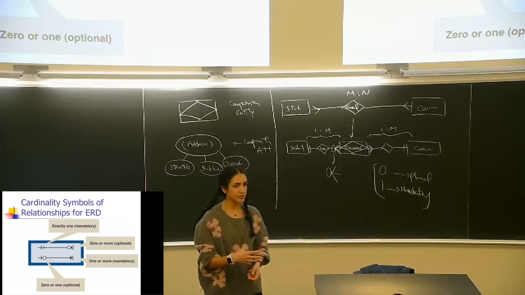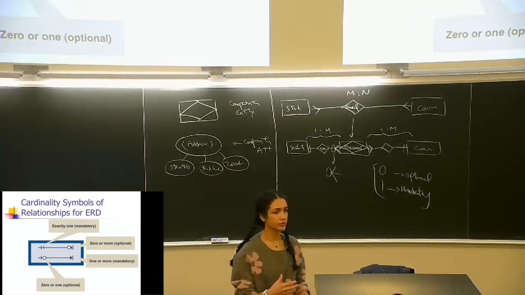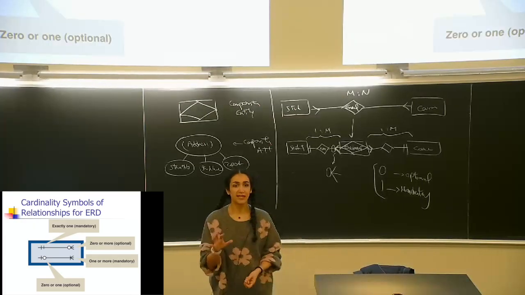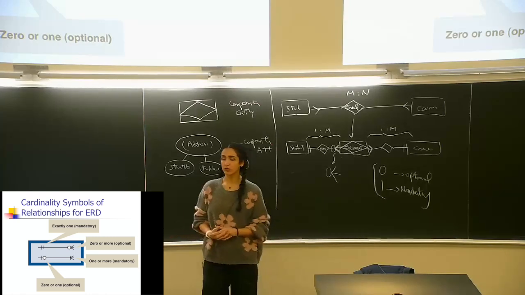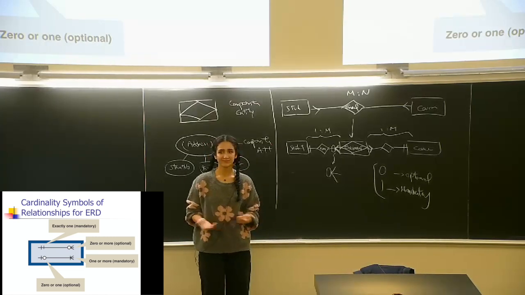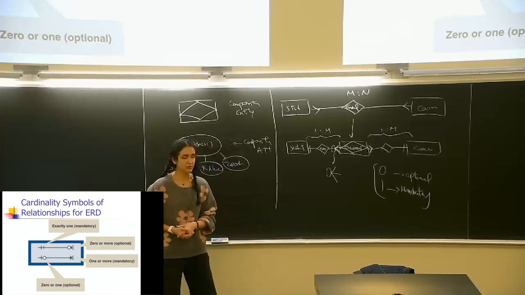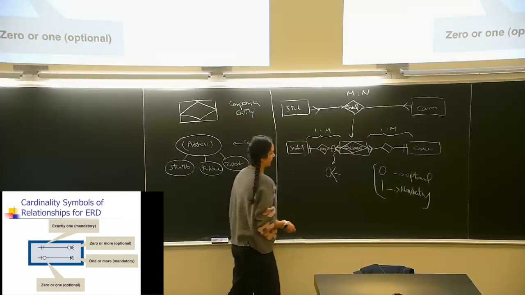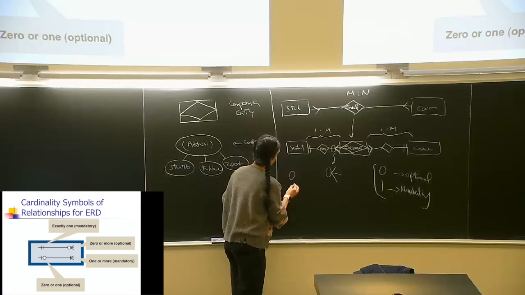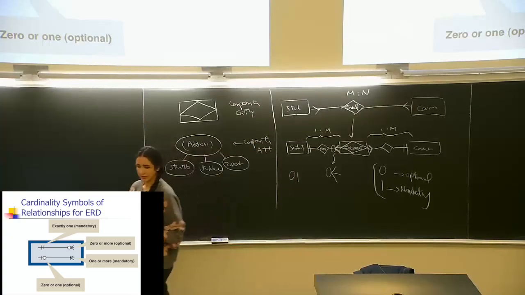So if your assumption is this, that you can have some professors that are not supervising any student, is this optional or mandatory? Optional, right? So this is optional 1, as you see here, right? So 0 or 1, optional.